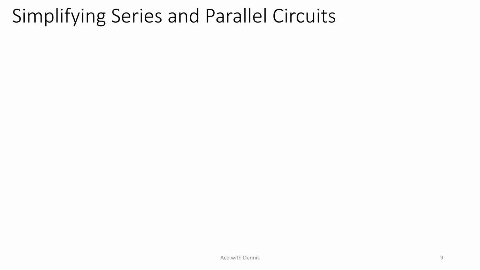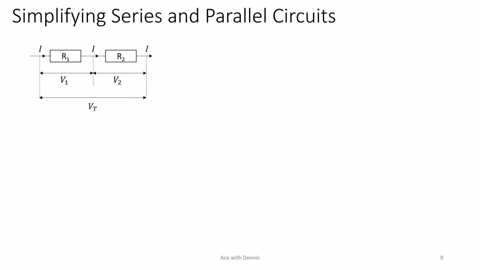Simplifying series and parallel circuits. In a series circuit, this diagram shows two resistors, R1 and R2, connected in series, and there is one current I flowing through these two resistors. Each resistor has its own potential difference. The first one is V1, the second resistor is V2.